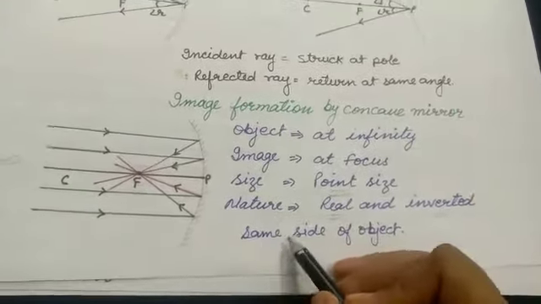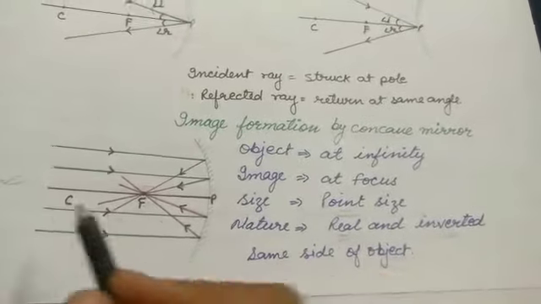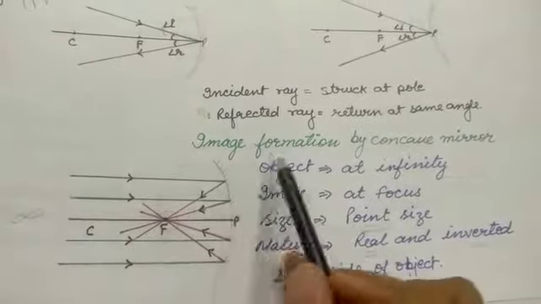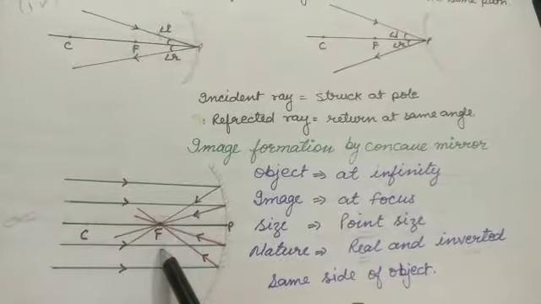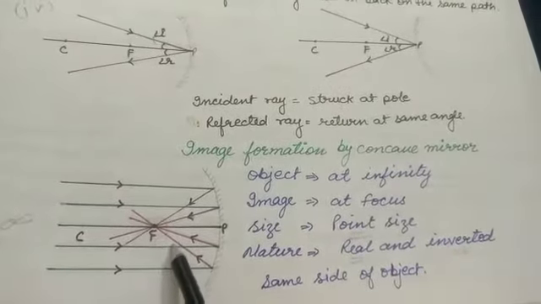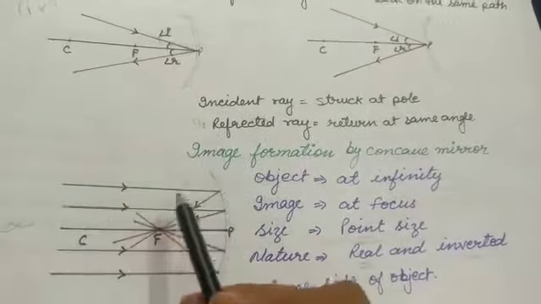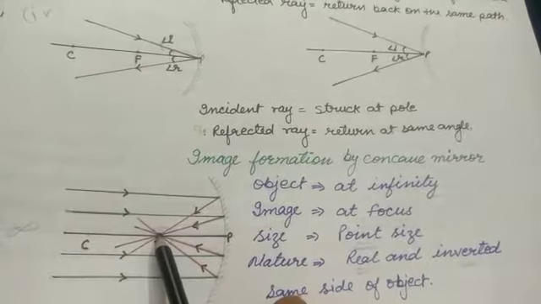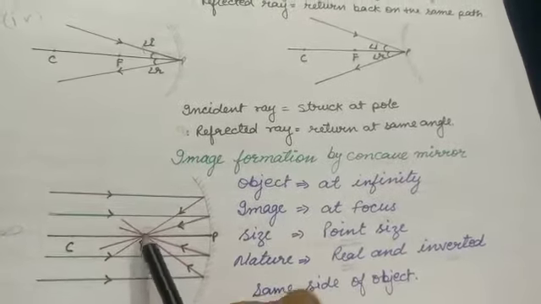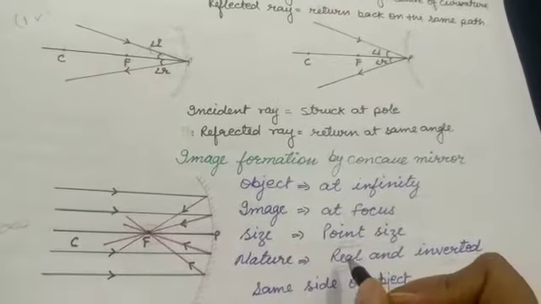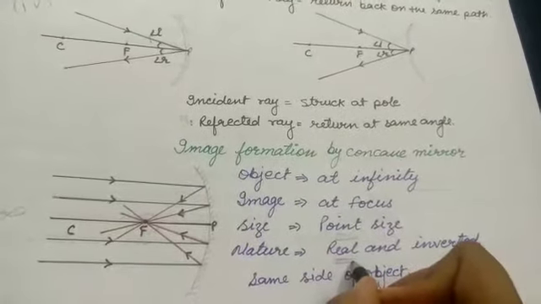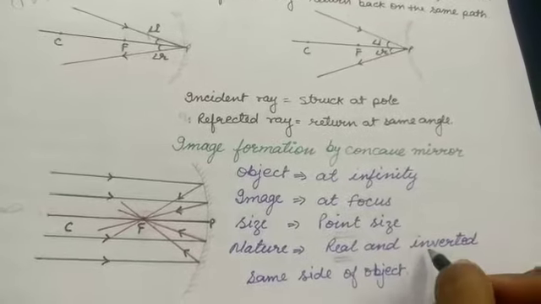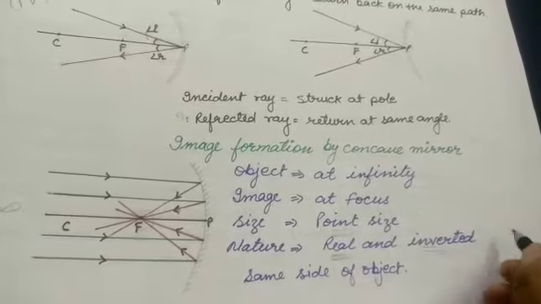And this image is formed on the same side as the object. Here is the object, and on the same side of the mirror the image is also forming. If we keep a screen here at the focus, we will get the image of that object on the screen. That is why it is said that the image is real. We can get it on the screen, and when you see the image it will be found inverted.